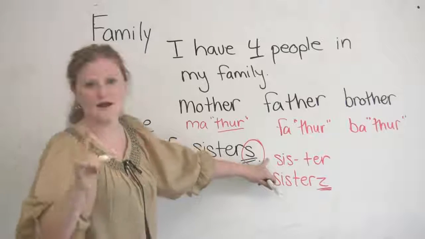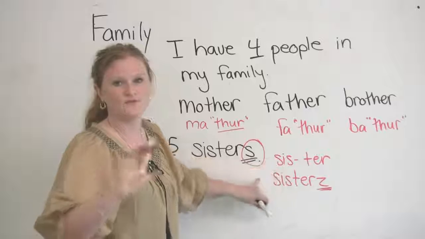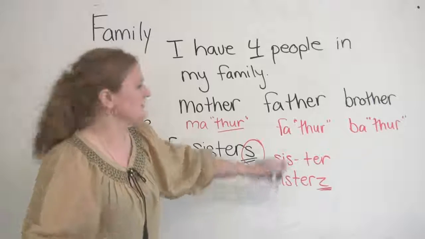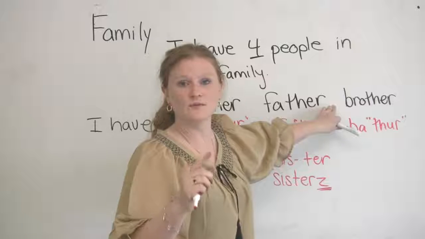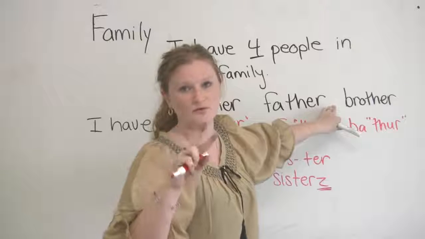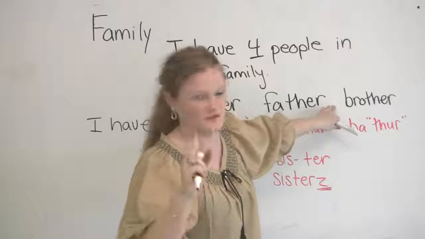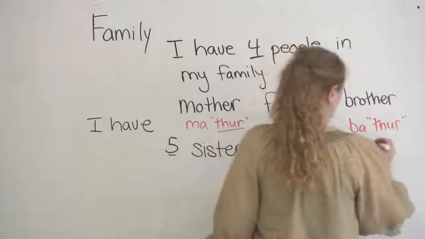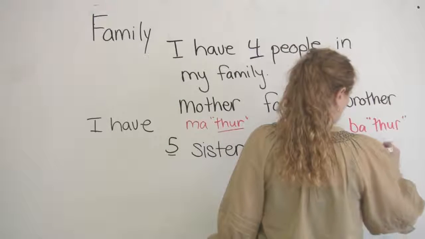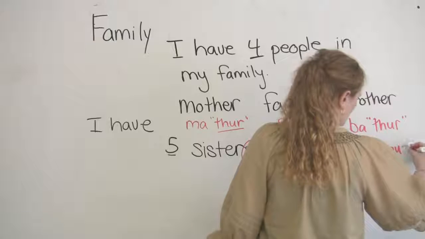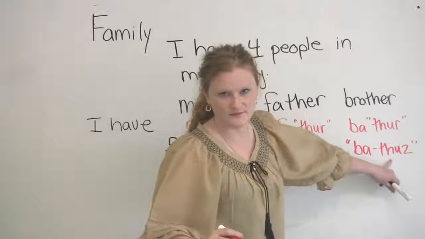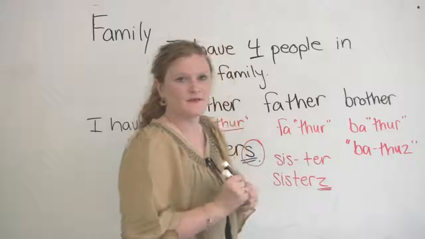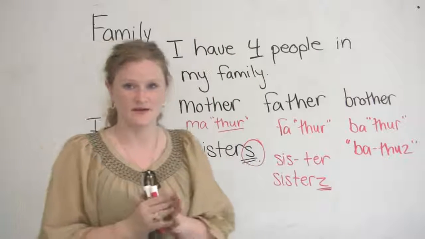So we say, I have 1 sister or 5 sisters. It's the same pronunciation with brother. If you have more than 1 brother, you're going to say, I have 2 brothers. It's going to sound like brothers. Okay? This is my immediate family.